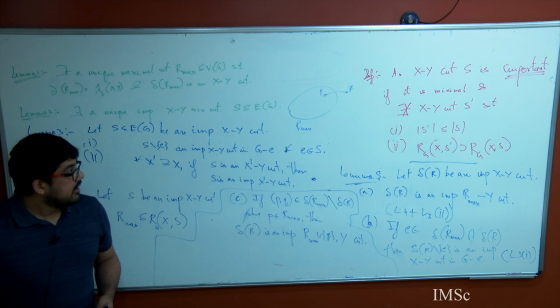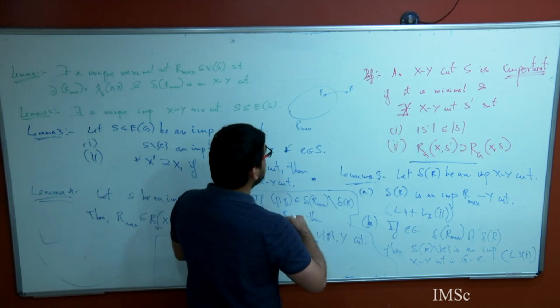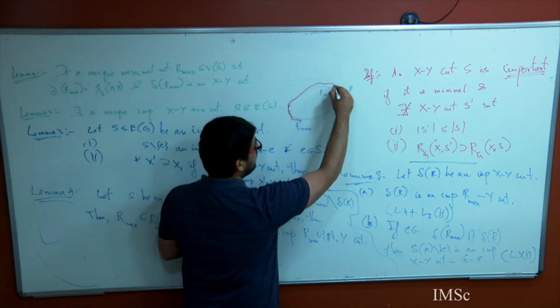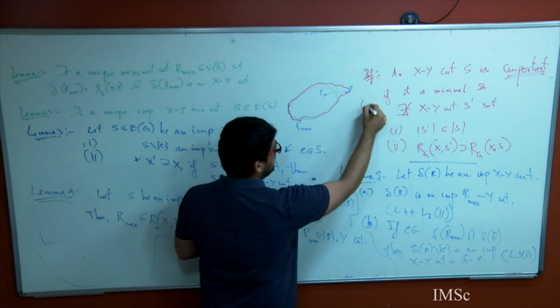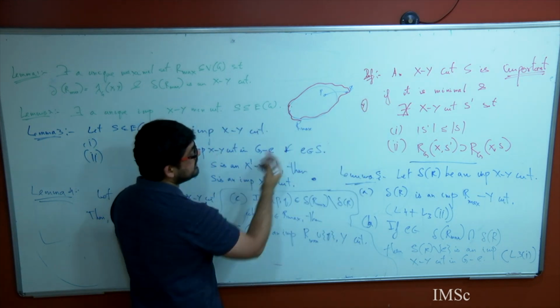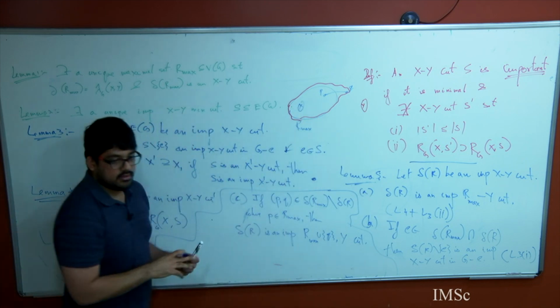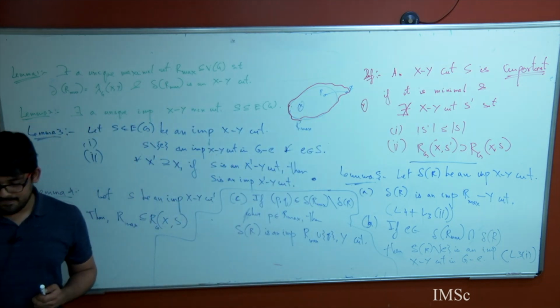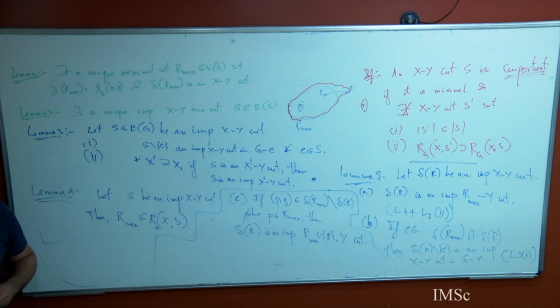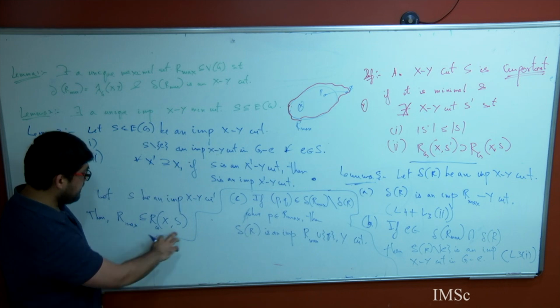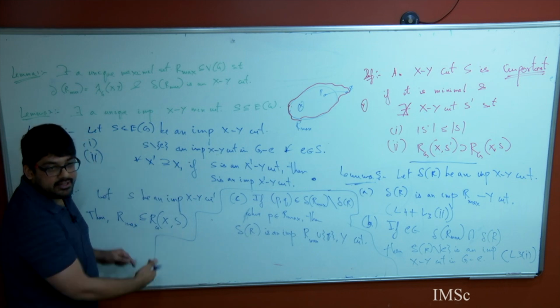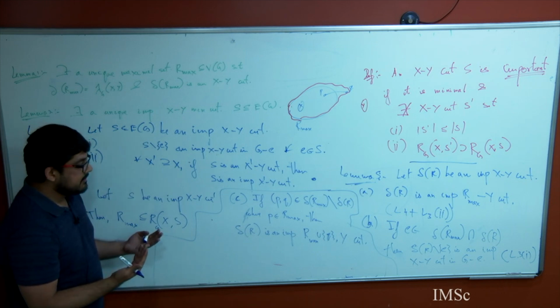Then I claim that delta R is actually an important cut between this set and Y. So not only is it an XY cut, it's also between this and Y. Here we have that R max is already contained in the reachability set.